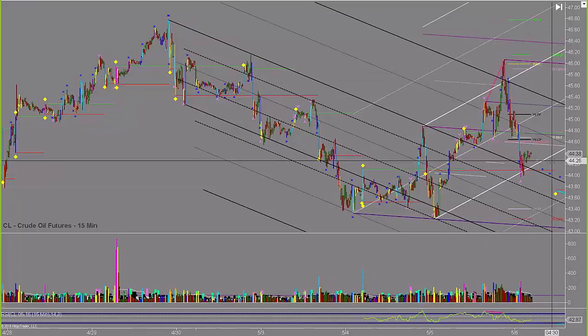But looking at the market now, would you say we're in an uptrend or a downtrend? Up. So the market's changed to an uptrend. All right. But we're still going down, aren't we?